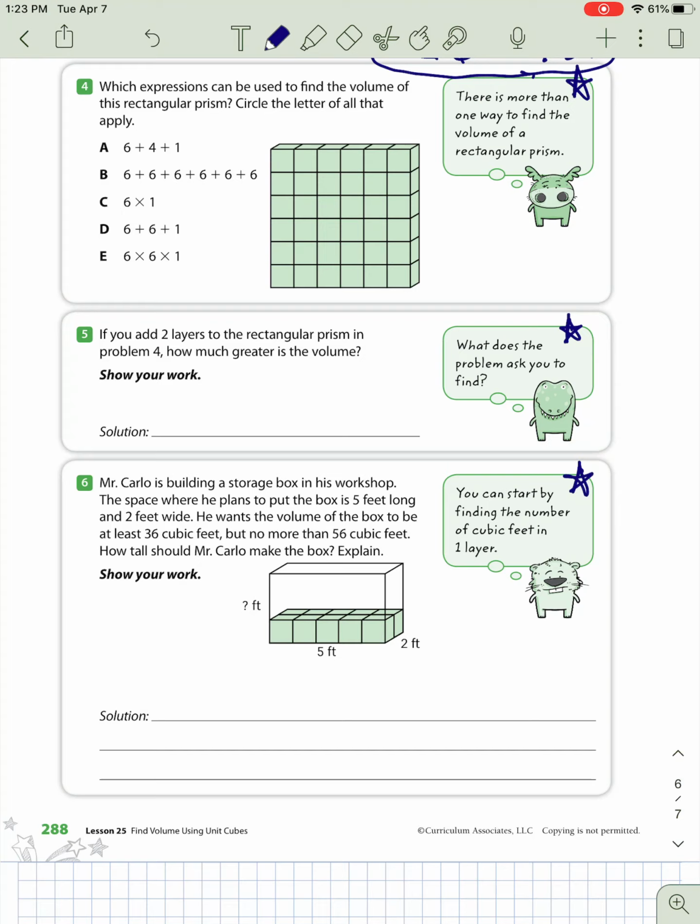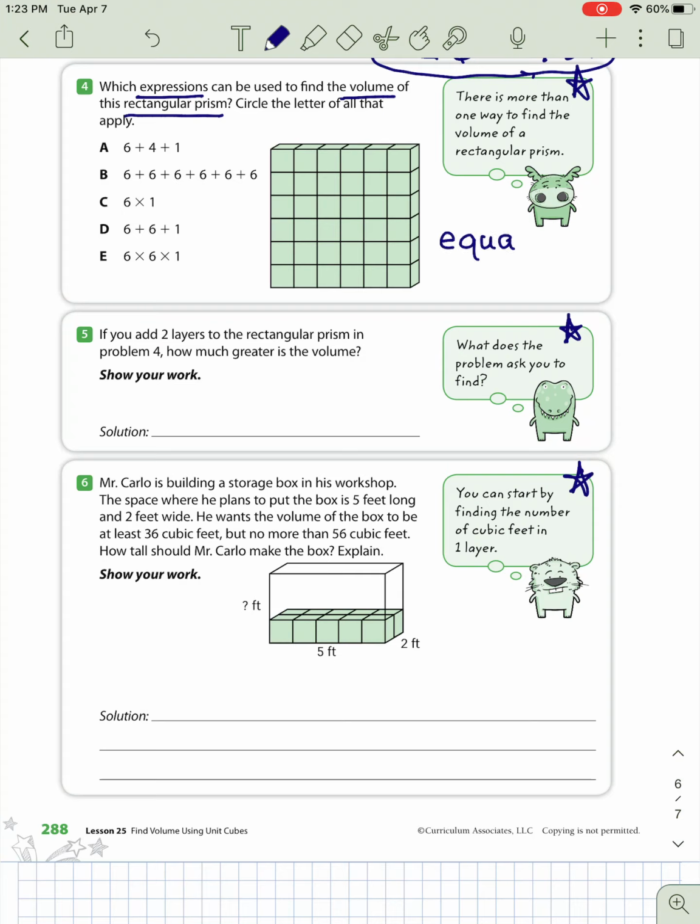Which expression, so I'm going to underline that word, can be used to find the volume of this rectangular prism? Okay, so things I'm going to stop and think about. What is an expression? Well, an expression doesn't have an equal sign. That's the only difference.